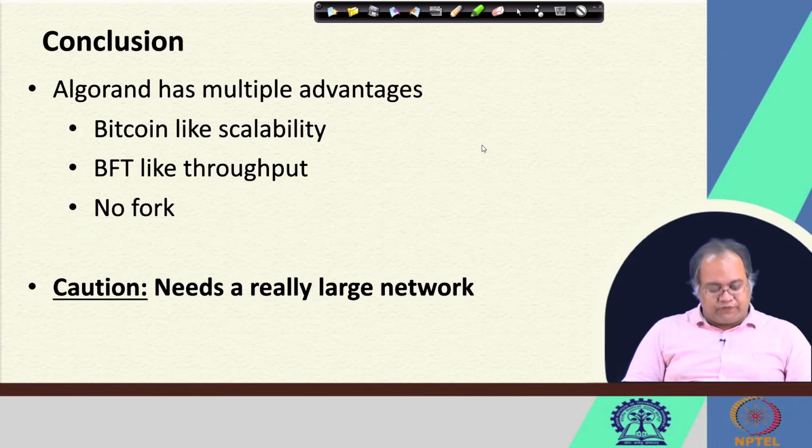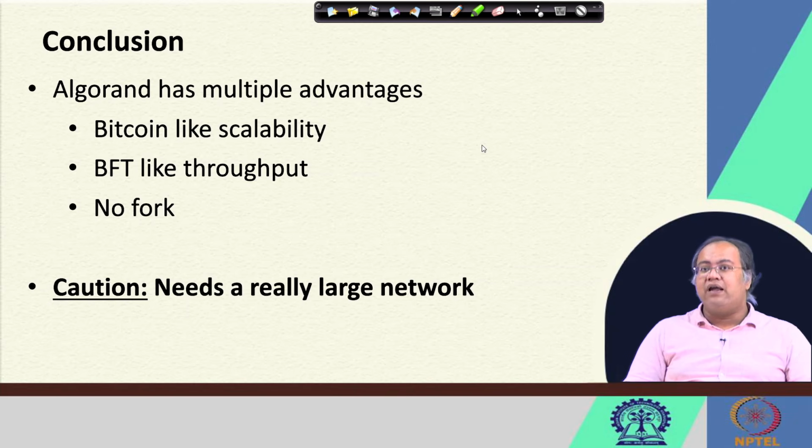The trade off of Algorand is, first of all, that it needs a really large network. If you run Algorand on a small network, then cryptographic sortition is going to select a very small set of committee members, and it will be possible for an attacker to attack that small set of users. So, we need a really large network to have this cryptographic sortition run correctly.